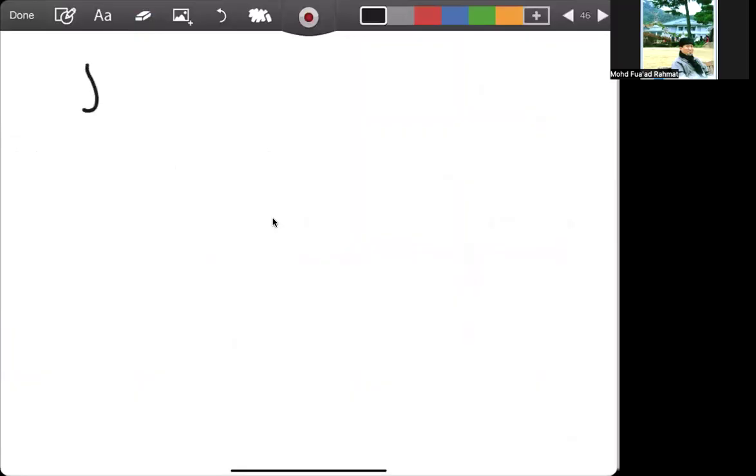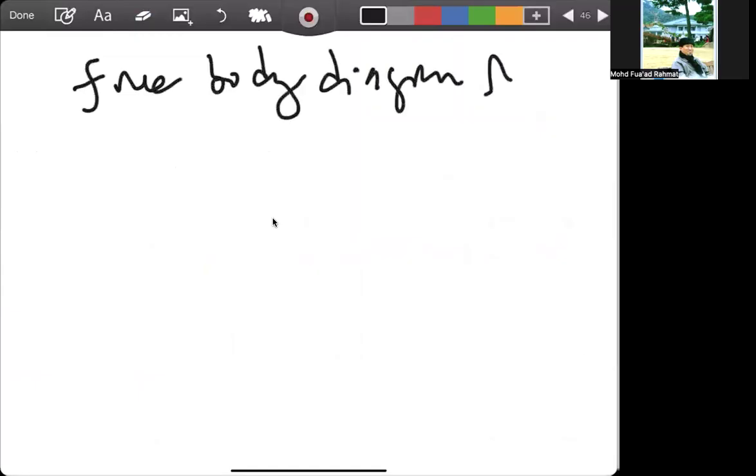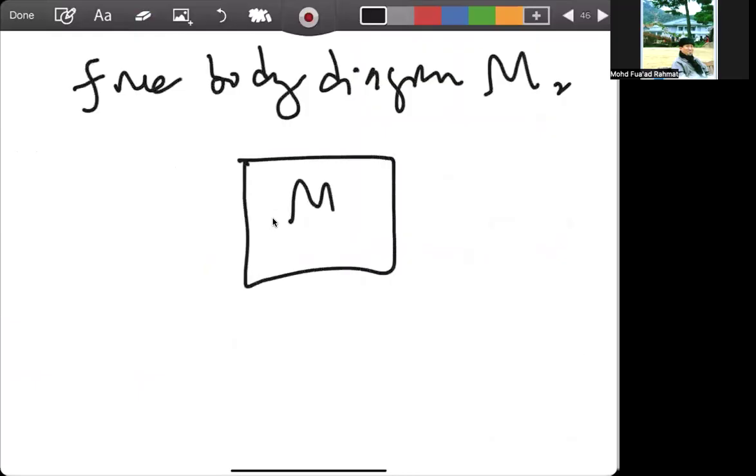Let us continue with free body diagram M2. So for free body diagram M2, the force is over here.